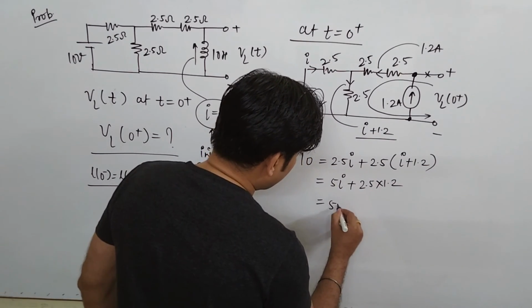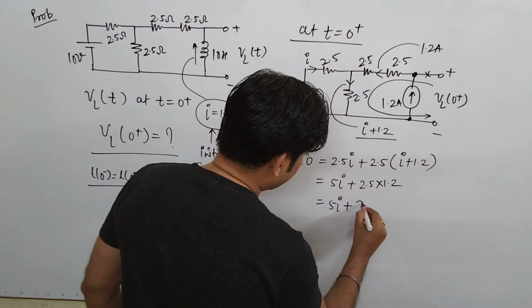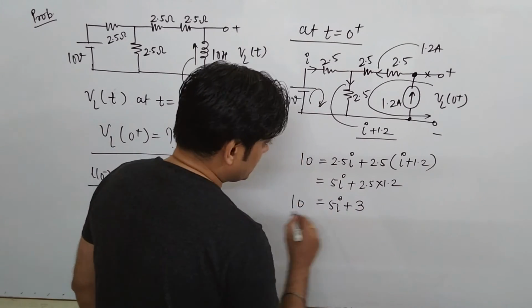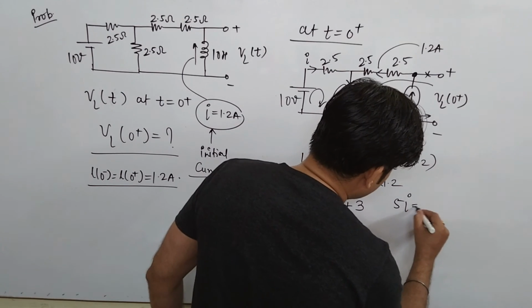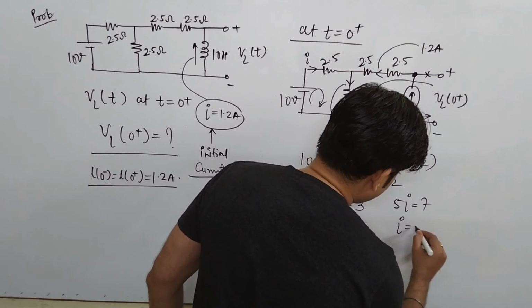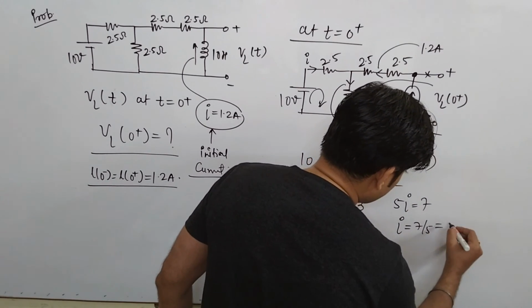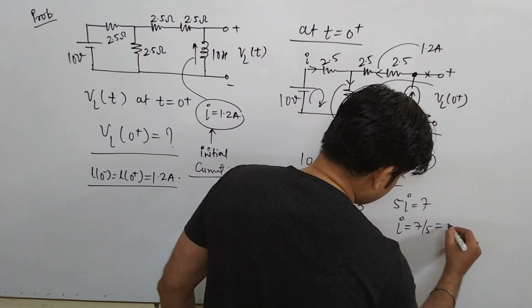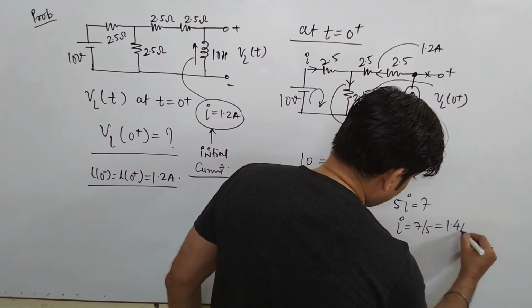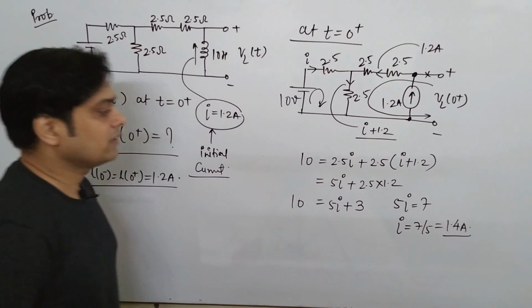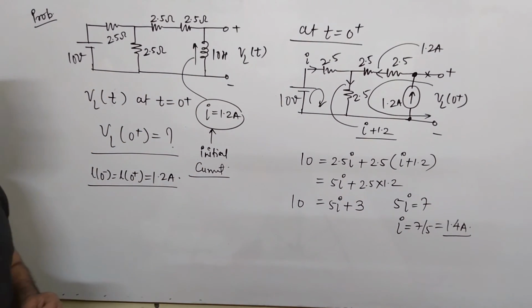That comes to be 5I plus 3, or you can say 5I equal to 7, or I equal to 7 by 5. That comes to be how much? It is 1.4 amperes. So this is the value of I.